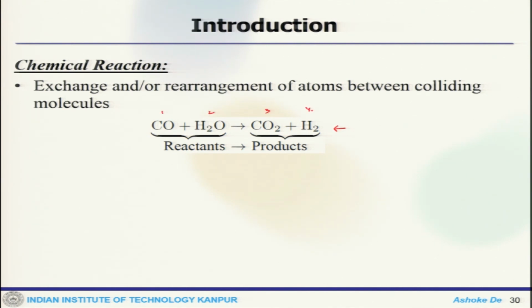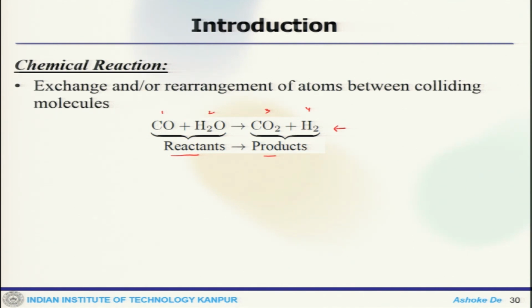So, there are 4 species involved here, and one side you call reactant and the other side product. Here CO and H2O are reactants, they react with each other, and finally you get the products CO2 and H2. So, there are different species.